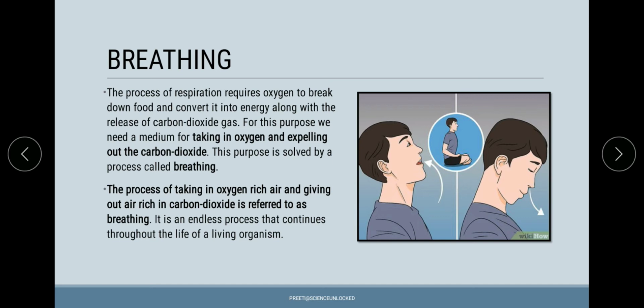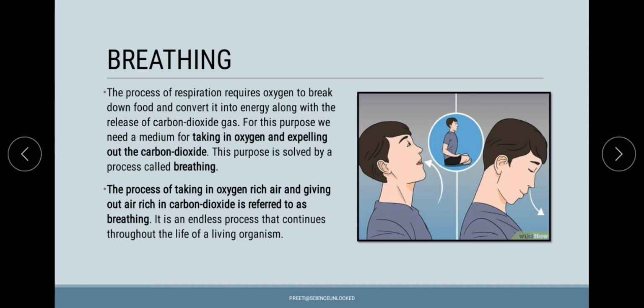As a result, the requirement of the body is fulfilled, and this whole process of taking in enough oxygen and removing carbon dioxide is simply termed the breathing process.